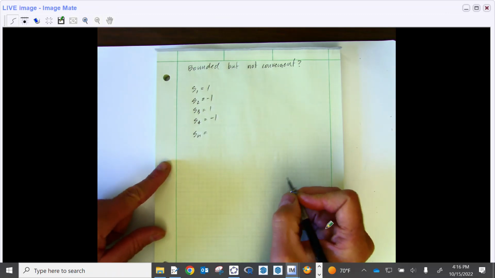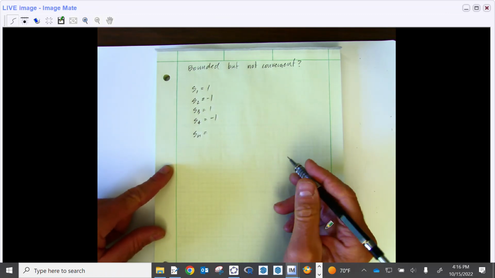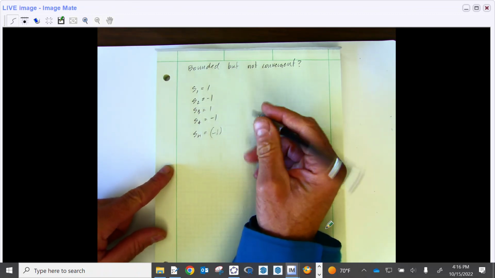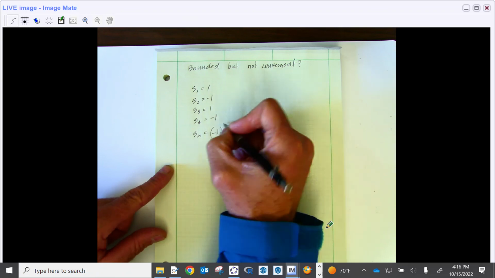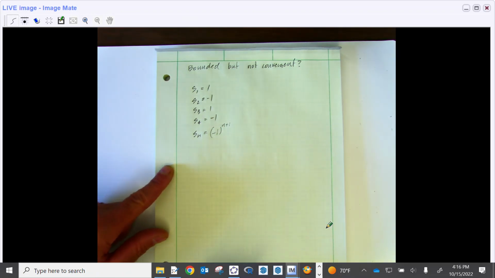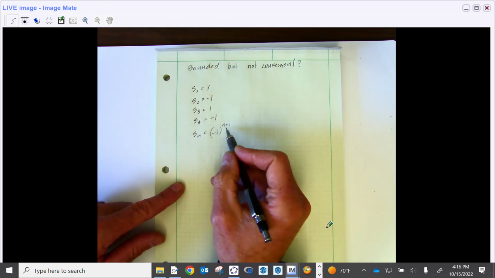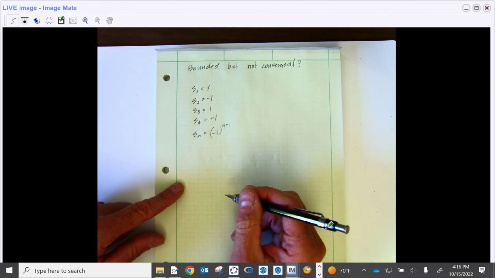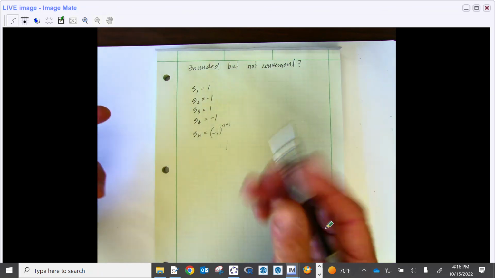So we could think of it as S sub n is just the number -1 raised to, let's say, the n plus 1 power. So in the first term I'm squaring, in the second term I'm cubing, and I get a negative, right? And so on. So this particular sequence is a perfectly good sequence.